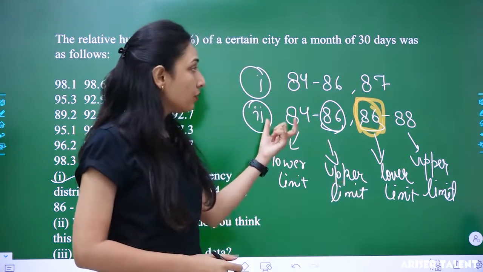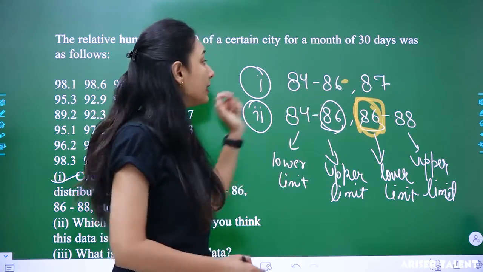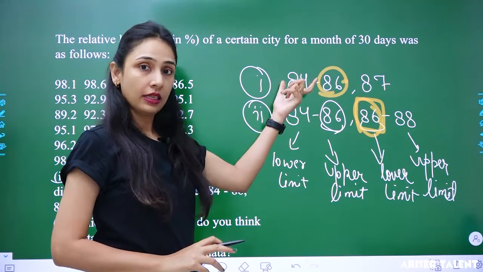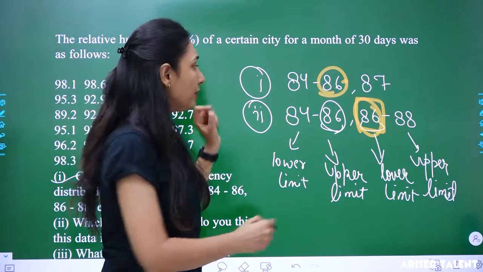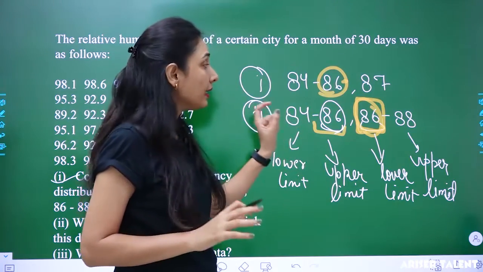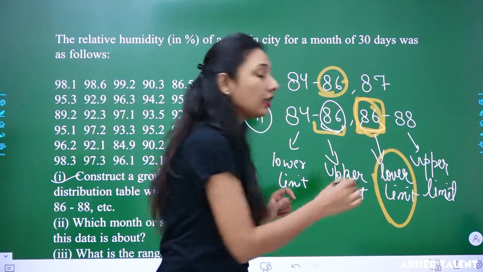If it's not included in two groups, then it will be included only in the one it's showing in. But if it's in both groups, then it will only be included where it is the lower limit.